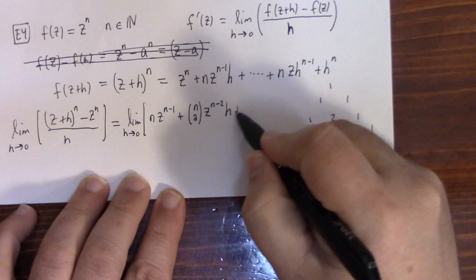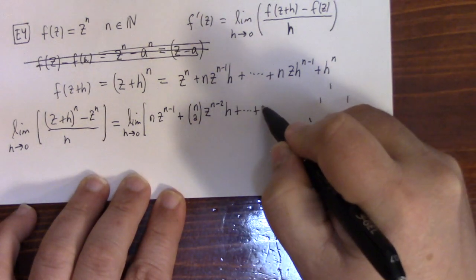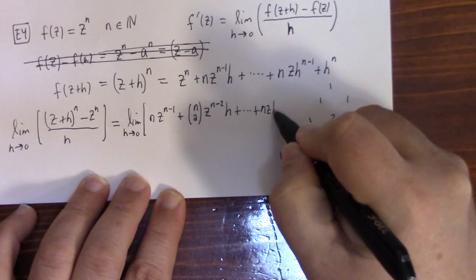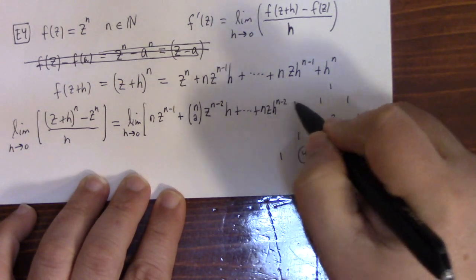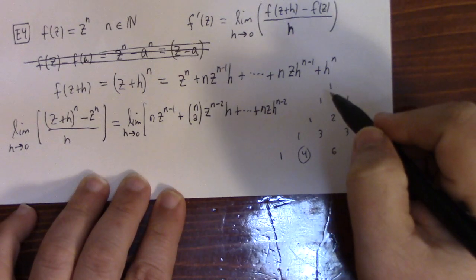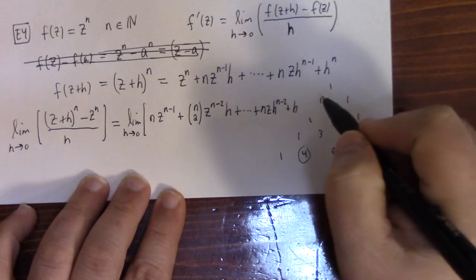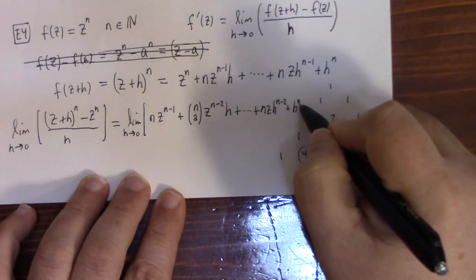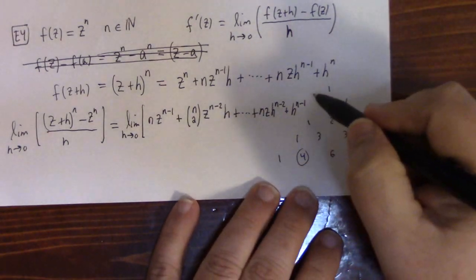And then plus, eventually I get to n z h to the n minus 2 plus h to the n minus 1. Excuse me.